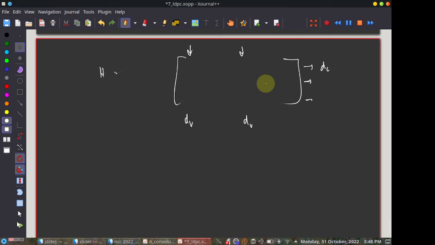Every column has exactly DV ones. Can you give me something like pseudo code? Suppose you had to write a code in C or Python or something. How would you do it?